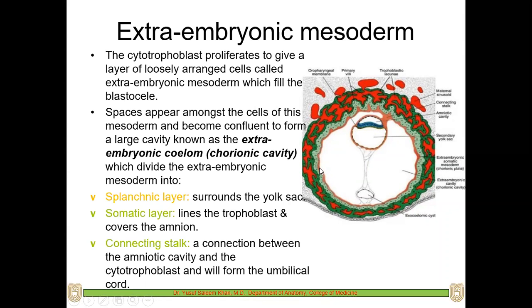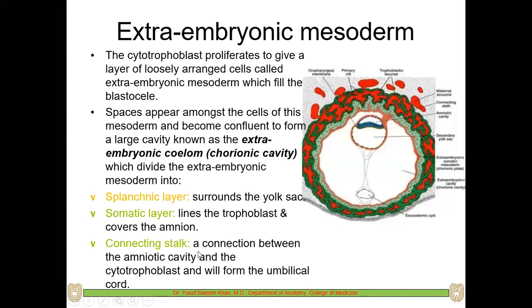This is the extraembryonic somatic mesoderm, and this thin layer here is the extraembryonic splanchnic layer. The splanchnic layer covers the yolk sac, and the somatic layer lines the whole cavity, even the amnion.